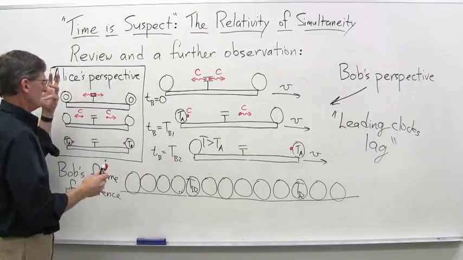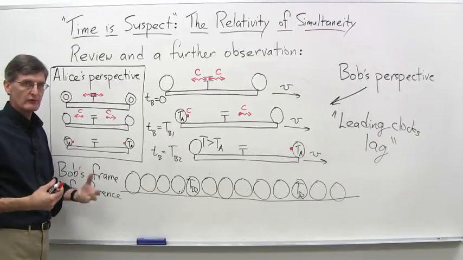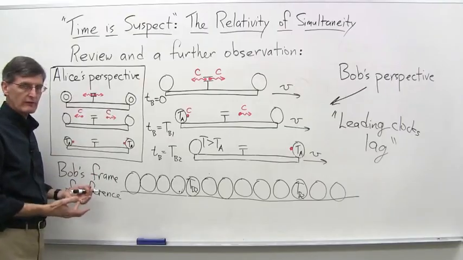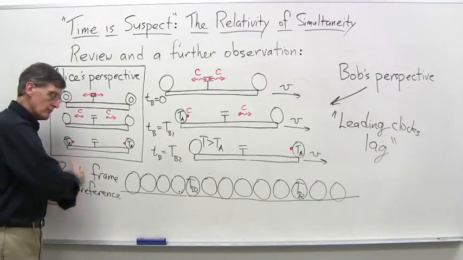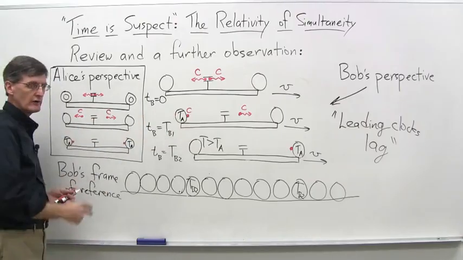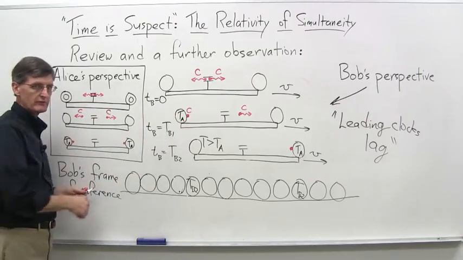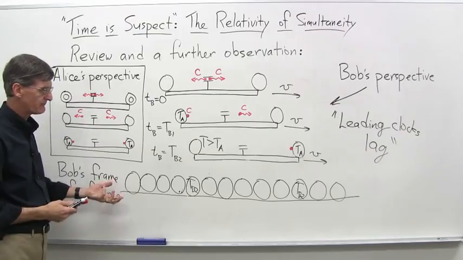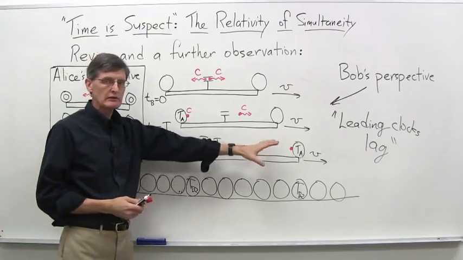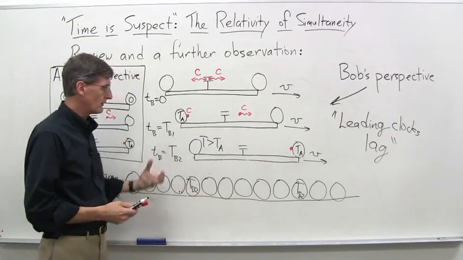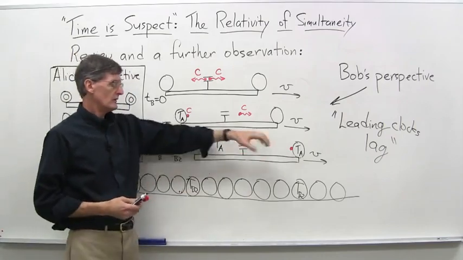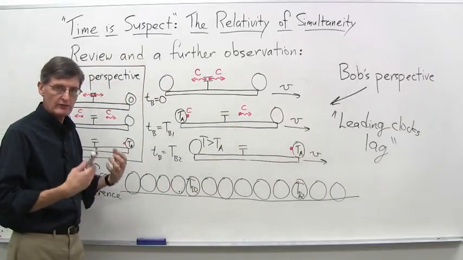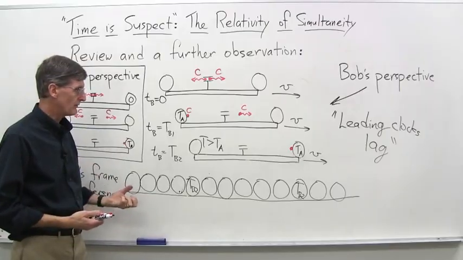Okay, so a review of this first real aspect of weirdness we get: the relativity of simultaneity, the relativity of clock synchronization. Bob synchronizes his clocks, Alice synchronizes her clocks, but Bob thinks Alice has messed up. Alice thinks Bob has messed up in terms of his clock synchronization. And this idea that leading clocks lag is really a result of this whole idea that simultaneity is relative, synchronization is relative, absolute time cannot be defined.